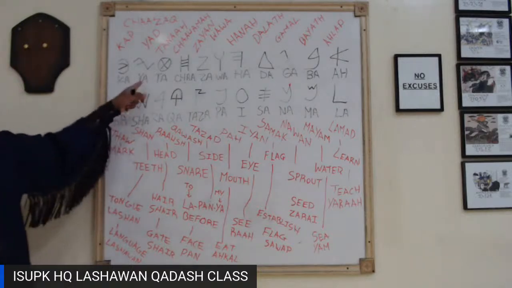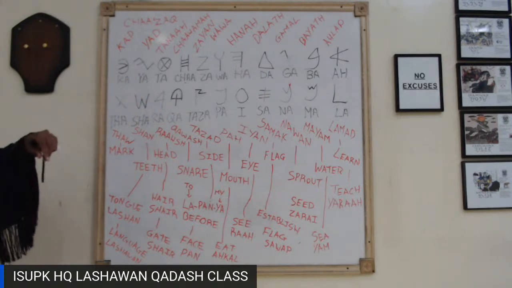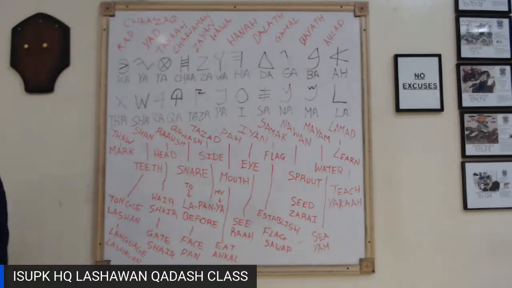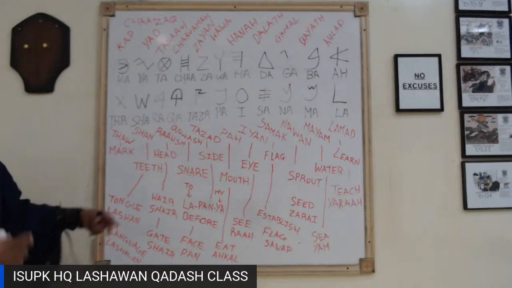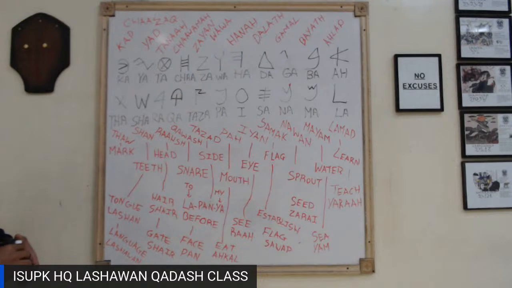Yad is hand, so his name is strong hand, or strong arm. You have Kazakh Imad. Imad means a stand, so Kazakh Imad means strong stand. He stands strong.